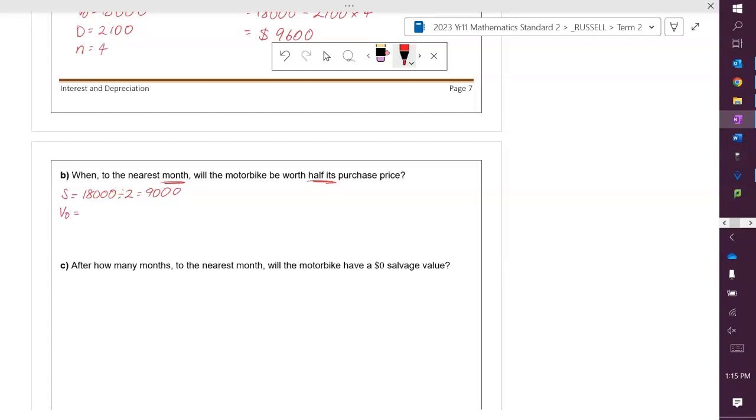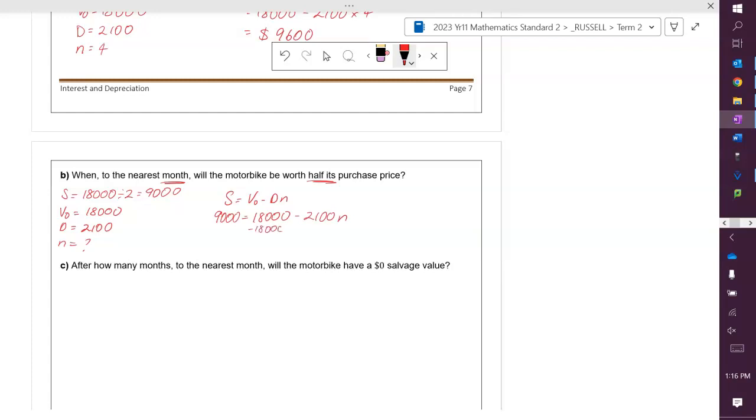Our initial price stays the same, our depreciation stays the same, and I'm trying to find how long it takes. So filling in our information, S needs to be 9,000, our initial amount was 18,000, we depreciate that much, and I want to know how long. So I need to solve this equation to find N.